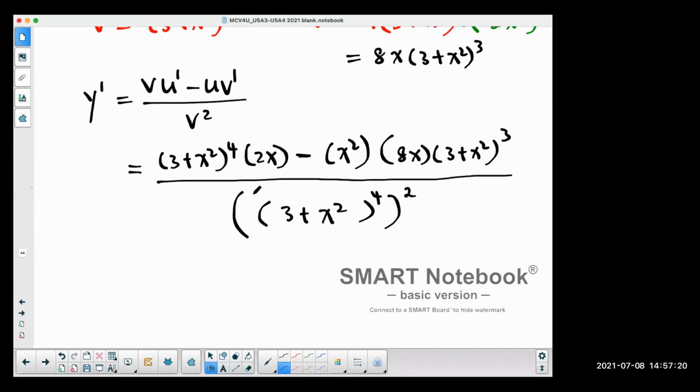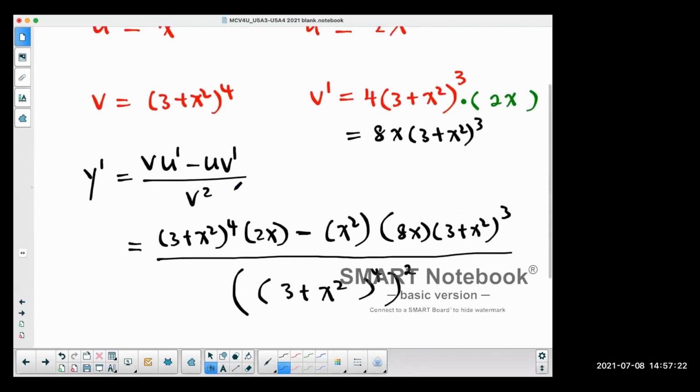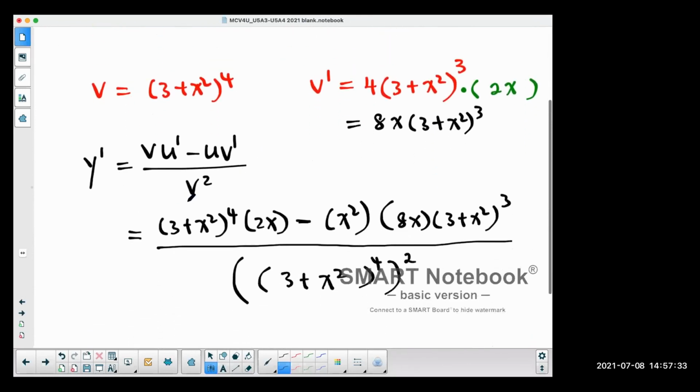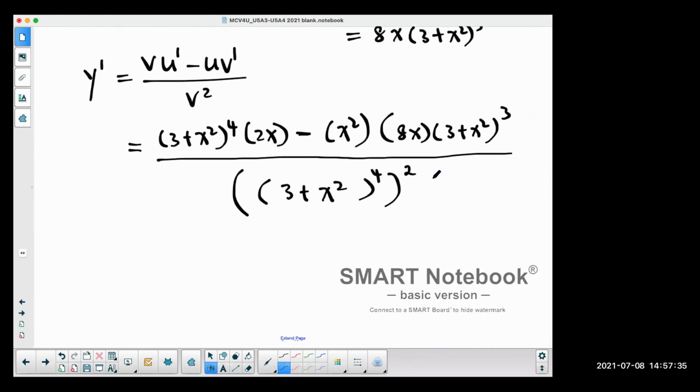The formula may look complicated, but as long as you understand what you're trying to do, separate the top and the bottom, find the derivative separately, fill it into the formula. Do we simplify that? Yes, we do simplify it.